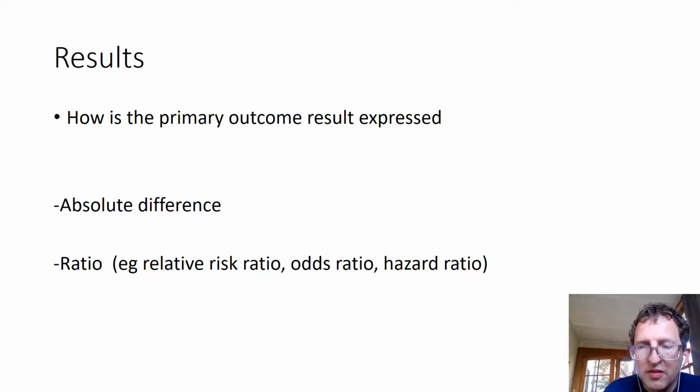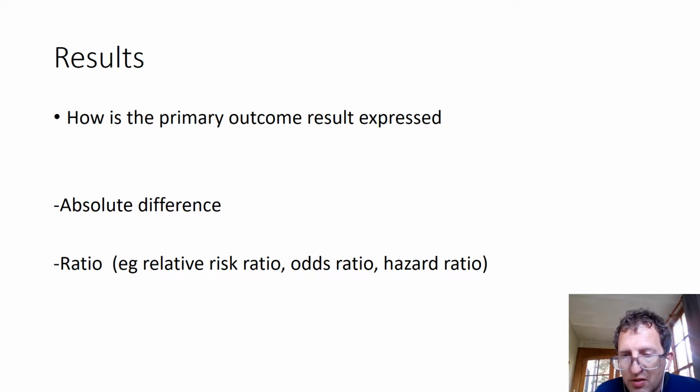The other way that results are expressed is as a ratio. So this is, instead of minusing one result from the other, you're dividing. So it's 1 over the other. That's why you call it a ratio. And so common ratios are the relative risk ratio, there's an odds ratio, there's a hazards ratio. That'd be the big 3 that you commonly hear.